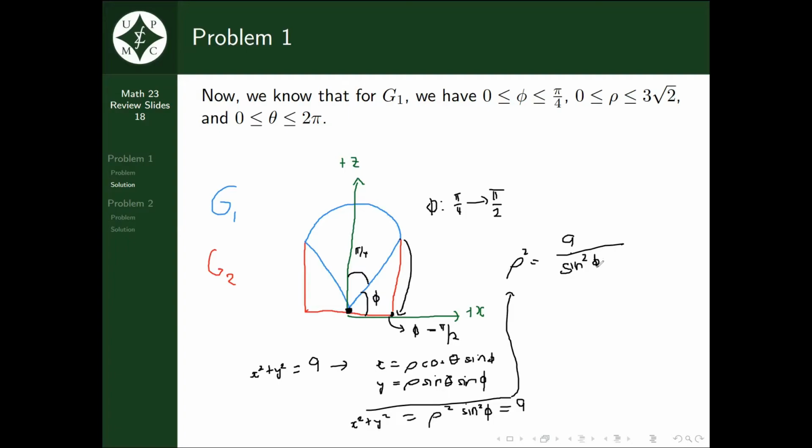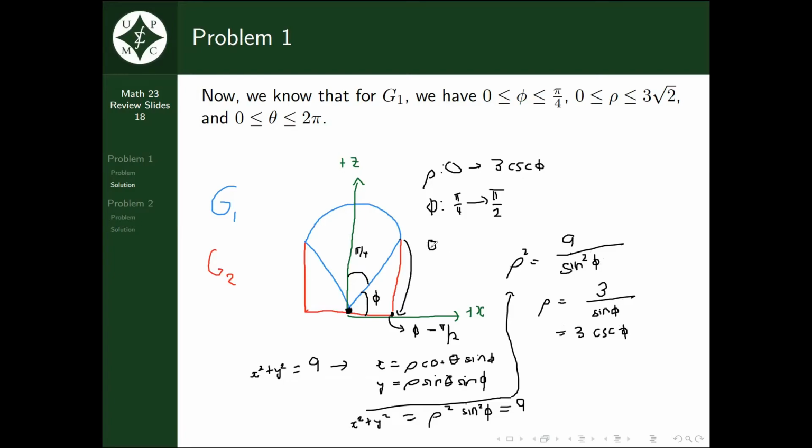And if we take the square root of both sides, we'll get rho is equal to 3 over sine phi, which we can just write as 3 cosecant phi. So our rho just goes from 0 to 3 cosecant phi.